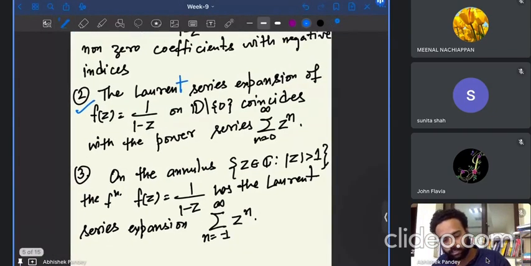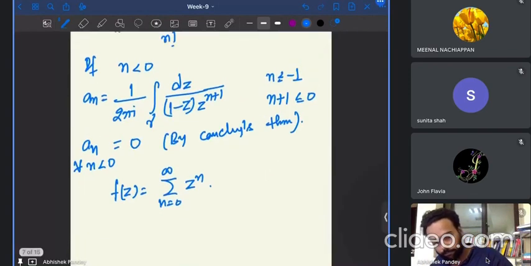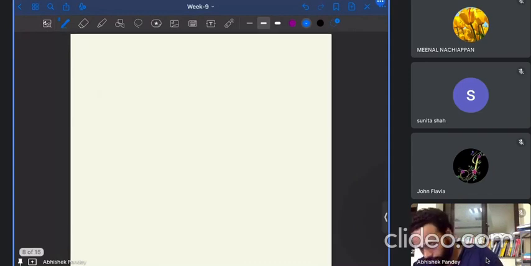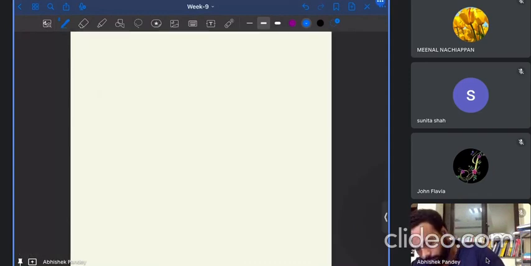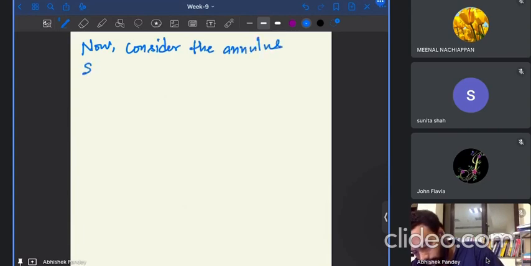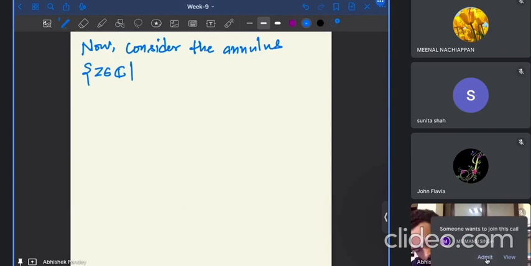Now let us look at the Laurent expansion of f in this annulus. So now consider the annulus z belongs to C such that |z| is greater than 1 and less than infinity.